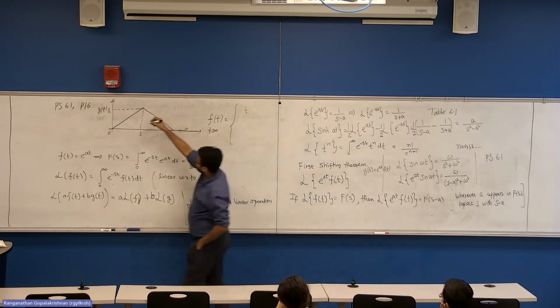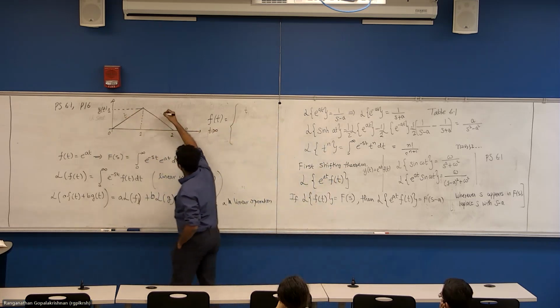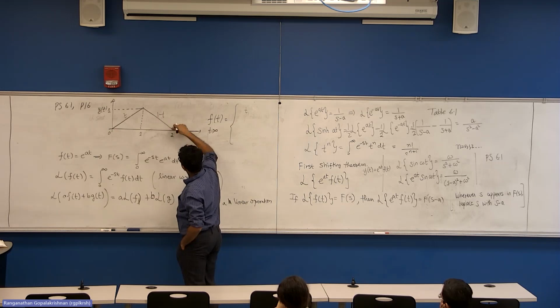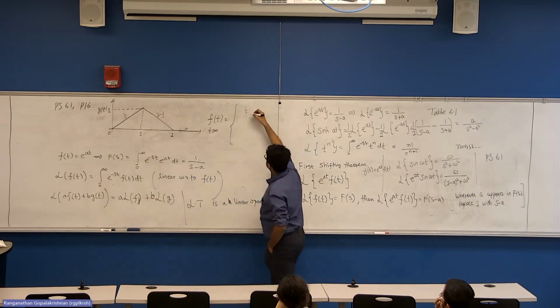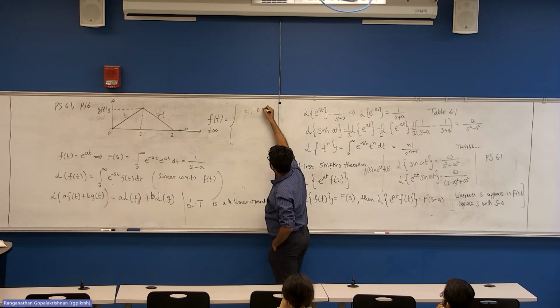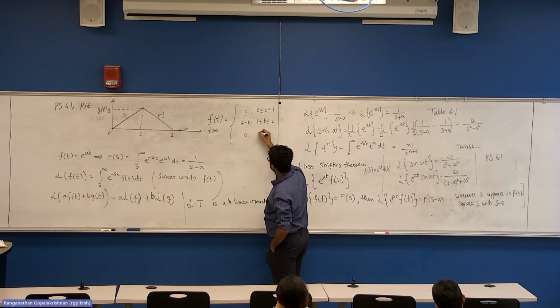This is t. This would be 1 minus t, right? No, 2 minus t. So t for 0 less than t less than 1, and 2 minus t for 1 less than t less than 2, and 0 for t greater than 2.